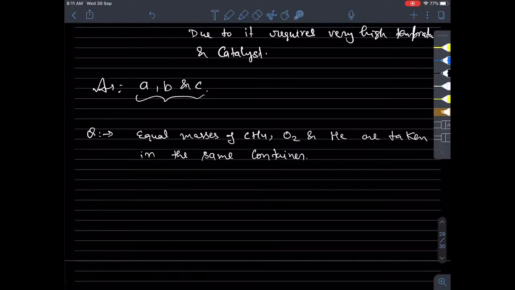Again guys, methane does not catch fire immediately with oxygen unless it is ignited. So assume that it is free. And if you want to be very sure about it, then use nitrogen. Nitrogen is also almost inert. There is no question now. So CH4, nitrogen and helium are taken in the same container.